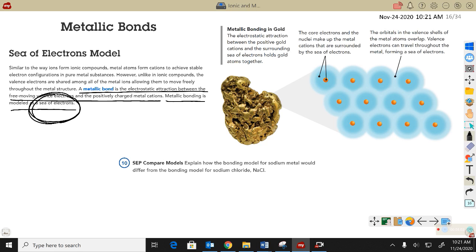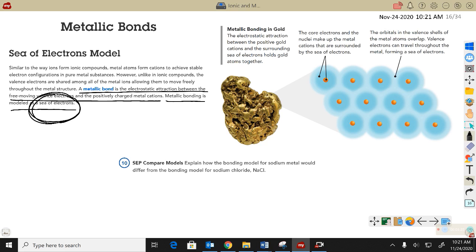But the valence electrons are kind of free to move and flow amongst all the other nuclei. So the valence electrons are kind of in this area that would be the lighter blue color around the darker blue and the orange. So on the inside, I've got my nucleus, and then the darker color would be my core electrons, and so the core electrons are not going to move.